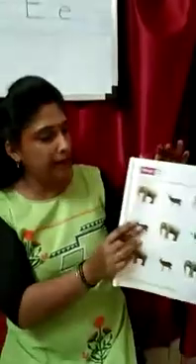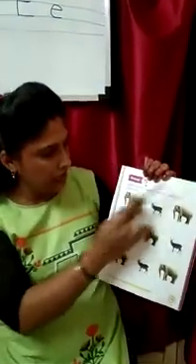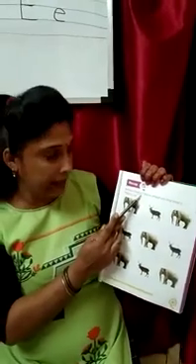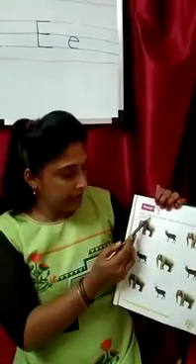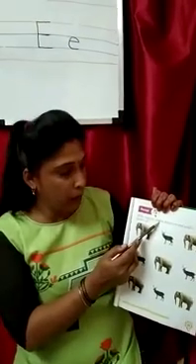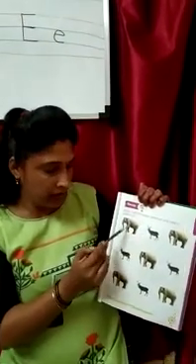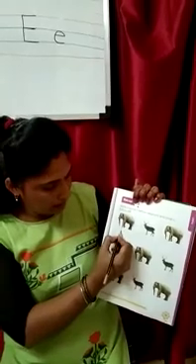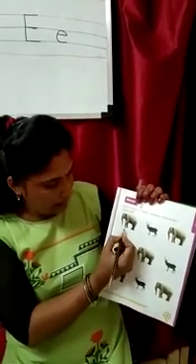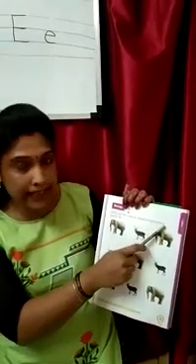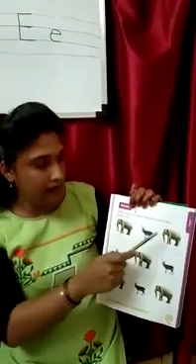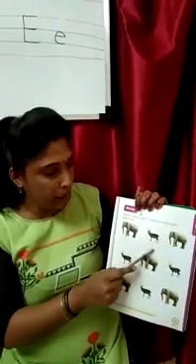Next you turn the page. Date. Write capital E below elephant. Remember, write capital E below elephant. See kids, E for elephant. And small e below elk.